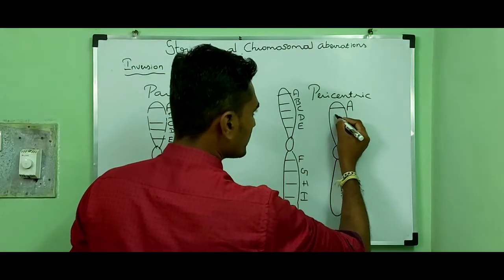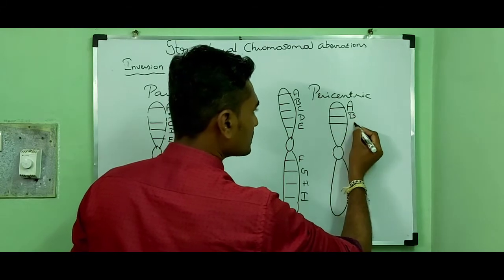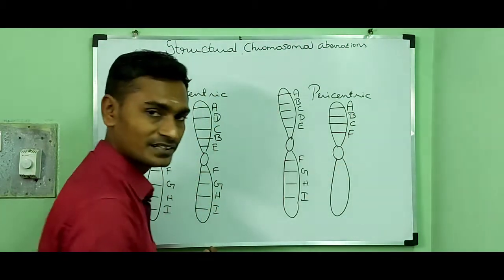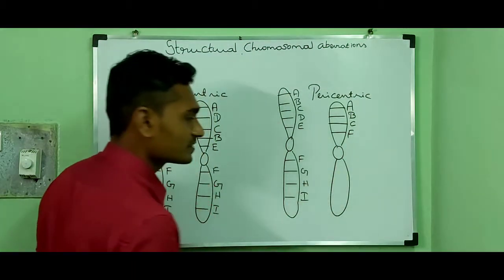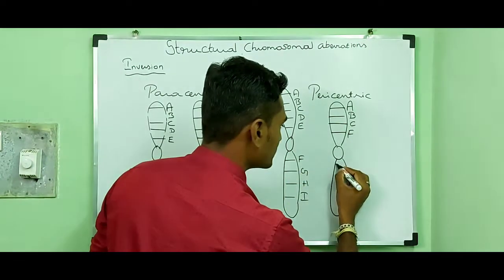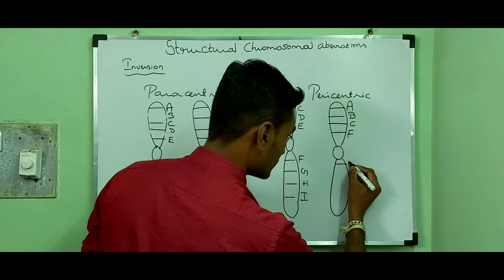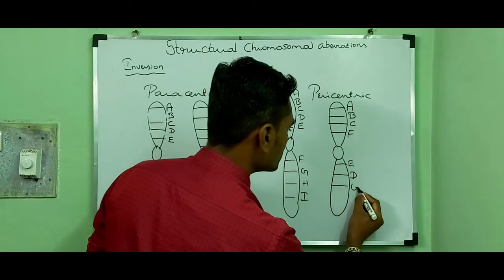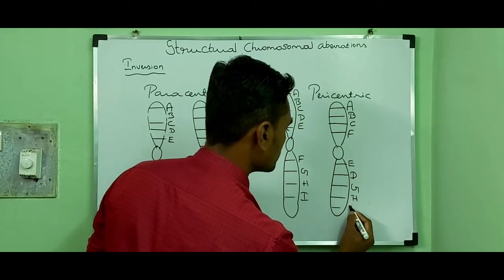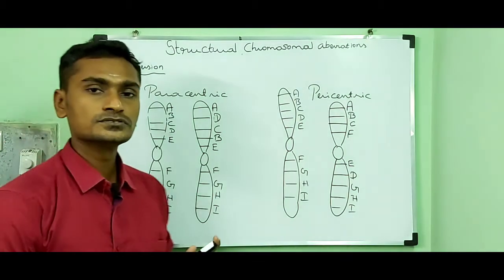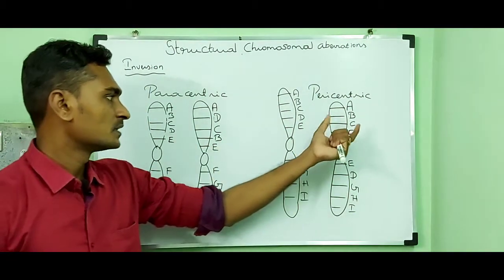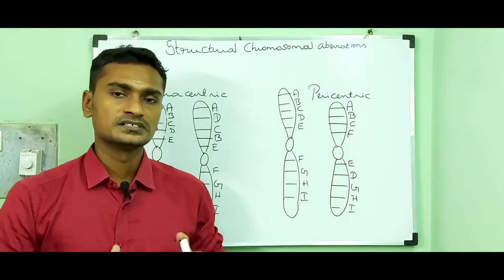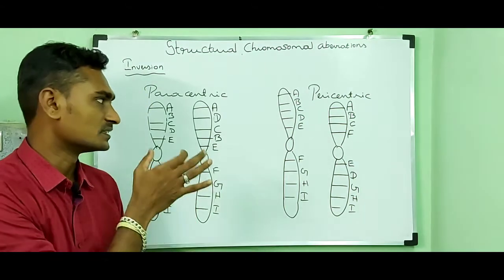So capital A, capital B, capital C, then capital F, then in the long arm capital E and capital D, then capital G, capital H and capital I. So due to pericentric inversion, the centromere is also involved and rearrangement of gene sequence takes place. So that's all about the inversion process.